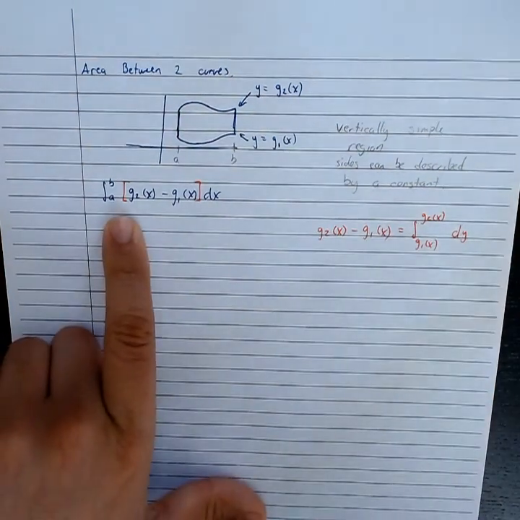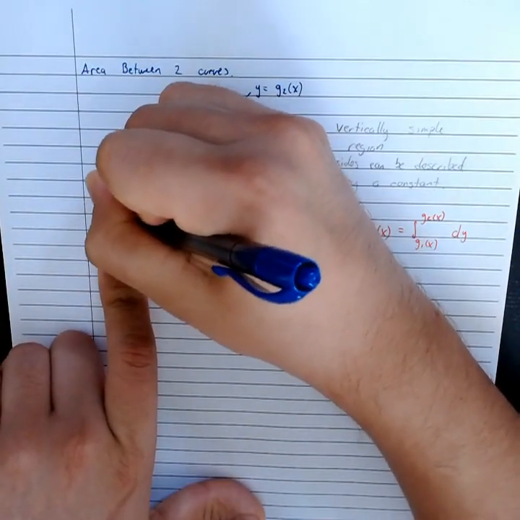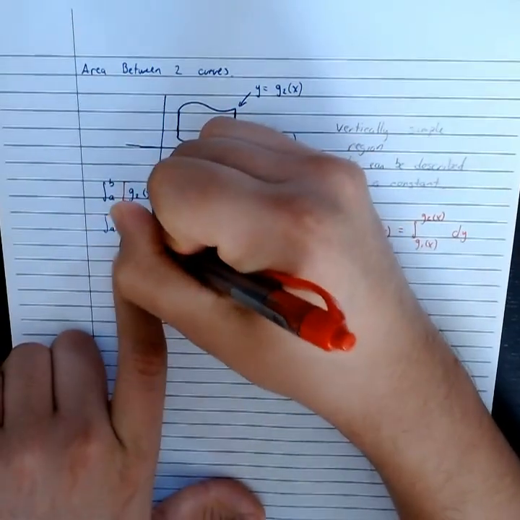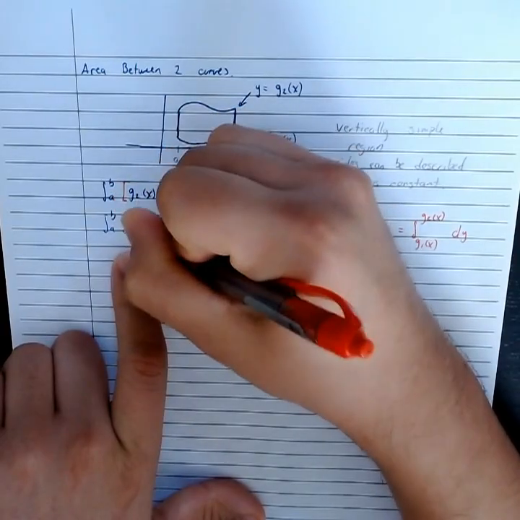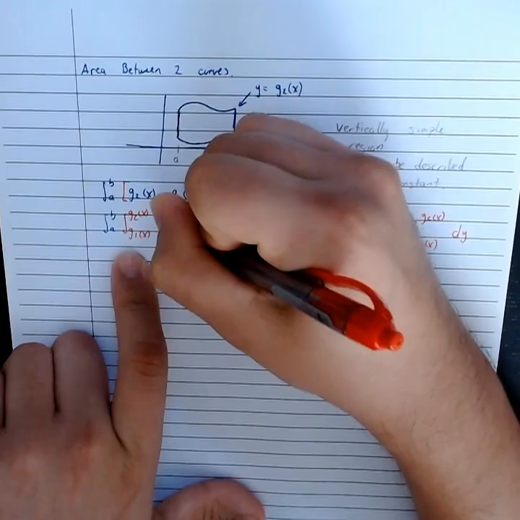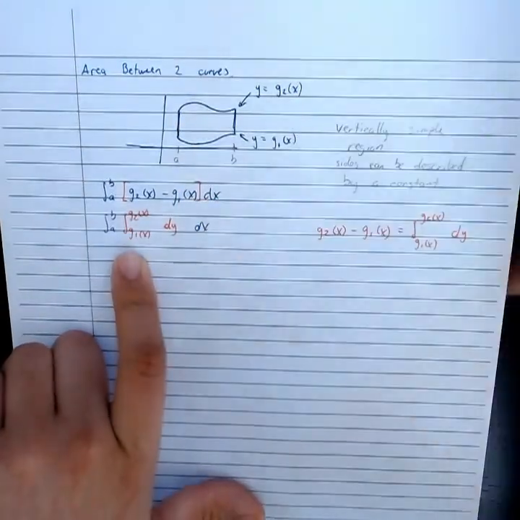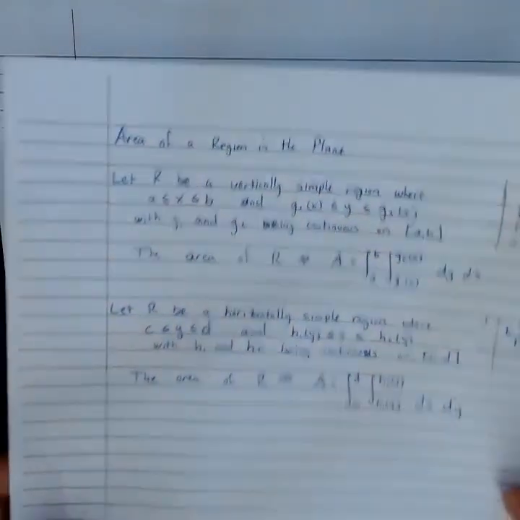So this expression here can be written as an iterated integral from a to b, and then from g1 up to g2, dy dx. Just like that. This can be generalized in the following statement.